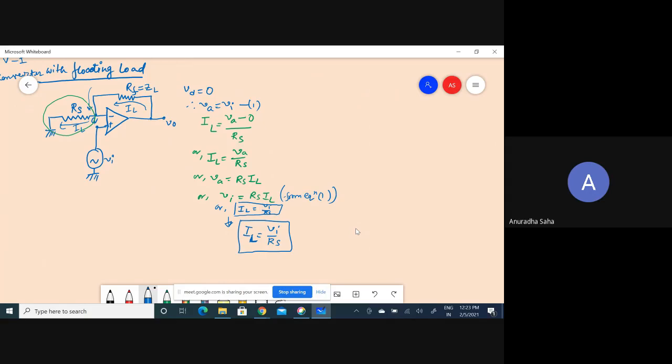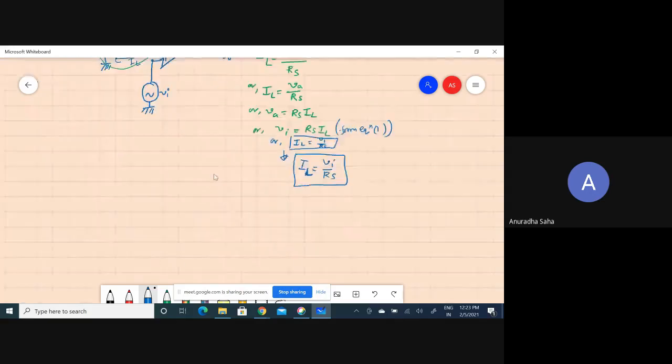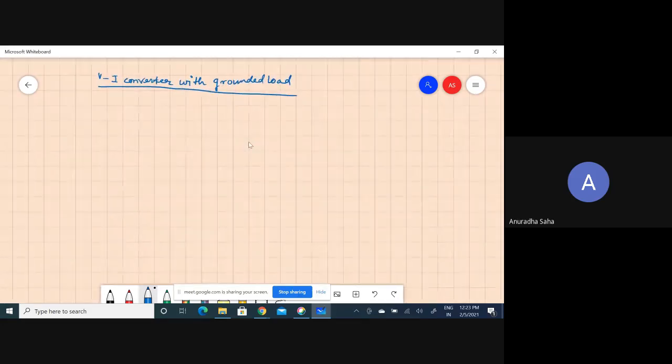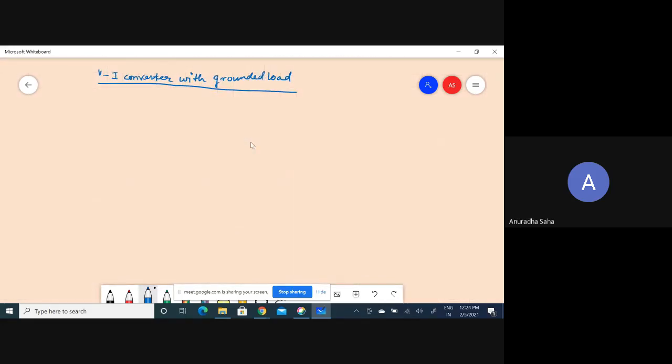Now coming to the grounded load. If I need to design a V to I converter with grounded load, I should keep in mind that I need to connect my load resistance or load impedance, whatever you can say, with ground through some electrical connections.